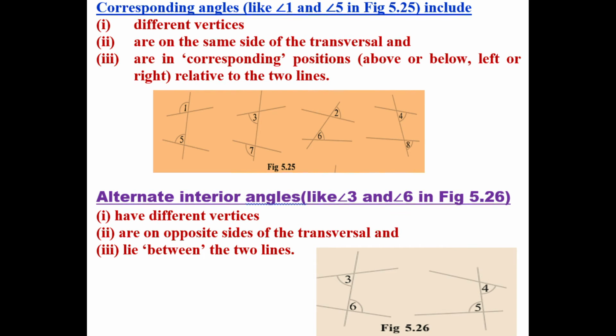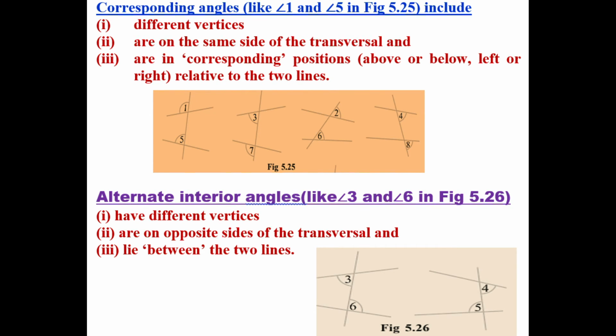Next you come to alternate interior angles like 3 and 6. They have different vertices, are on opposite sides of the transversal, and lie between the two lines. These are the conditions of alternate interior angles.